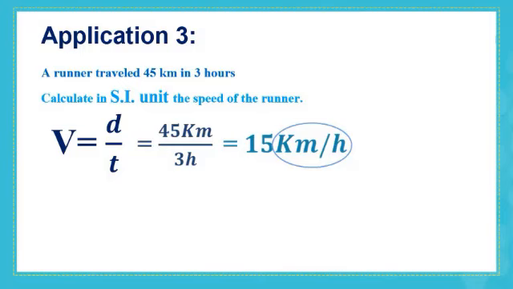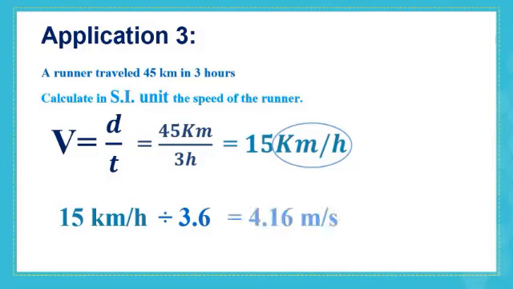To convert kilometer per hour to meter per second, which is the SI unit of speed, we have to divide by 3.6. So 15 kilometer per hour divided by 3.6 is equal to 4.16 meter per second. This value represents the speed of the runner in SI unit.